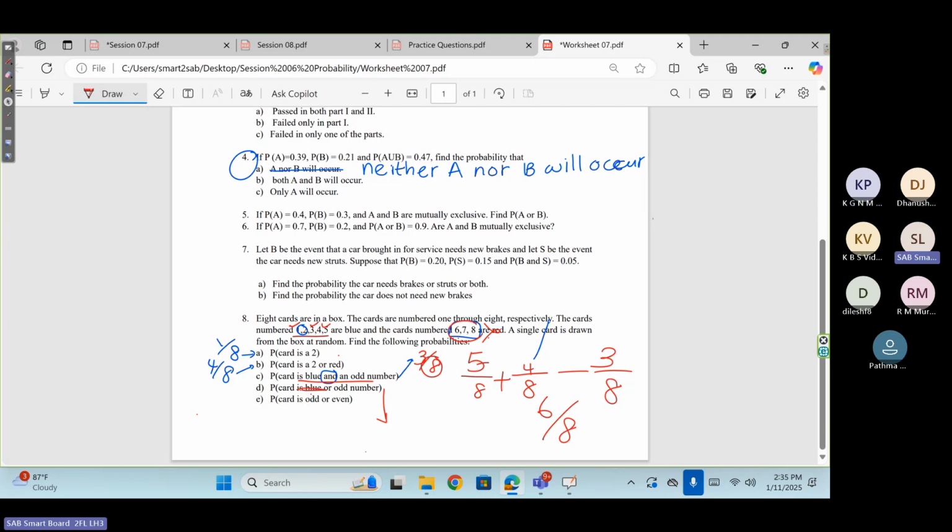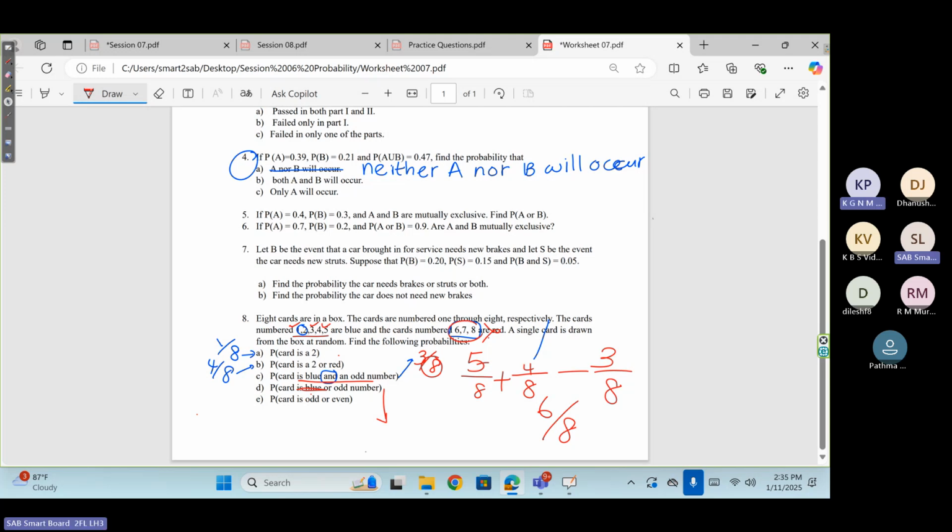And the answer for part E. Probability of the card being odd or even. Odd or even, 8 over 8. Then the probability is 1.